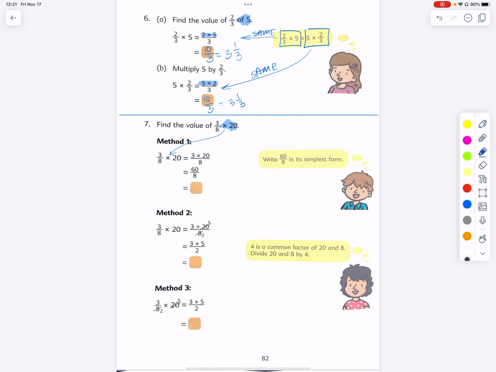And we have 3 times 20, which results in 60 out of 8. 8 goes into 60 7 times, of course, we have to always simplify, and then 4/8 will be remaining, which is the same as 7 and 1/2. So that's our answer.